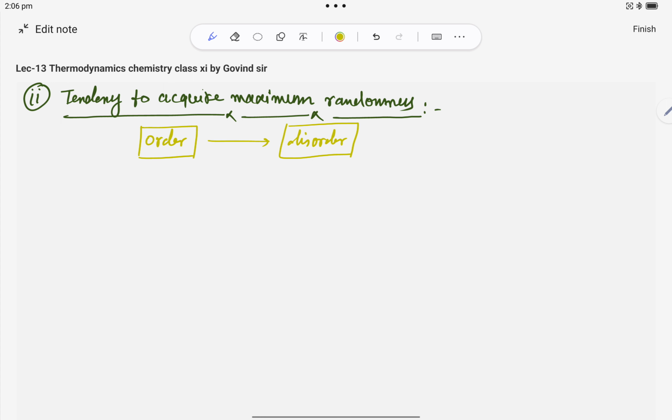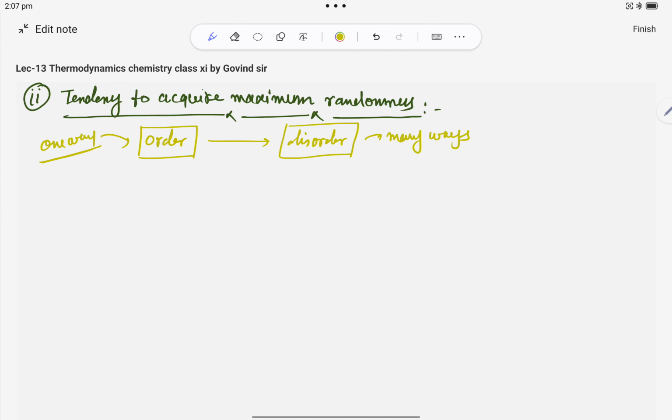If the system is going from order to disorder, then order means there is only one way, and disorder means many ways. Like in a box there are 100 coins, and you are tossing all the coins, and the probability of getting all heads is low.